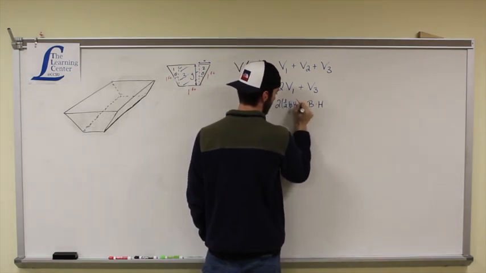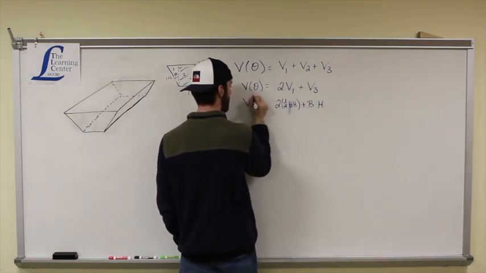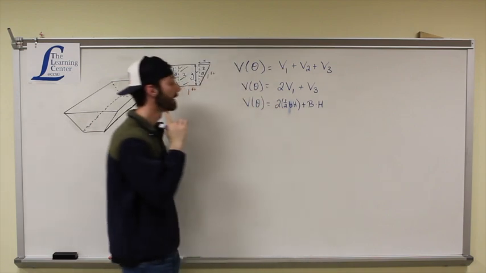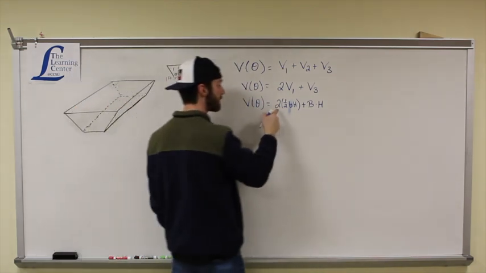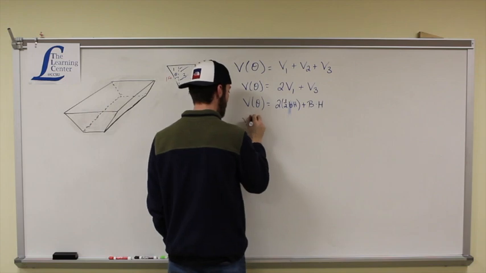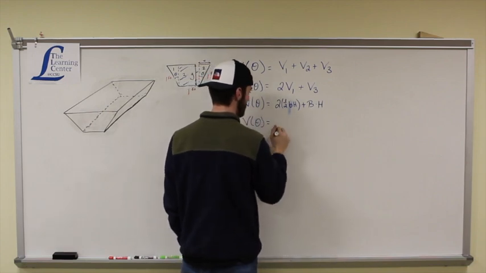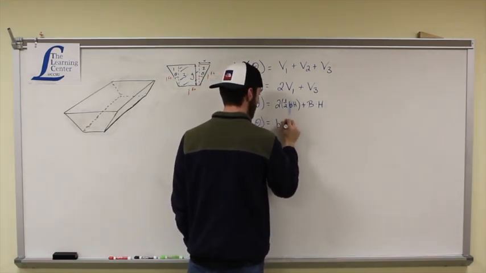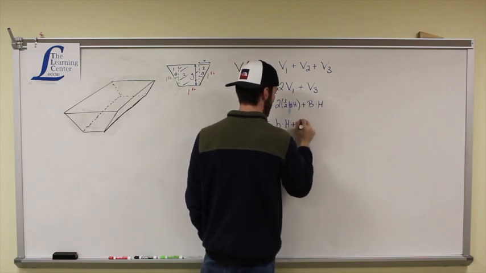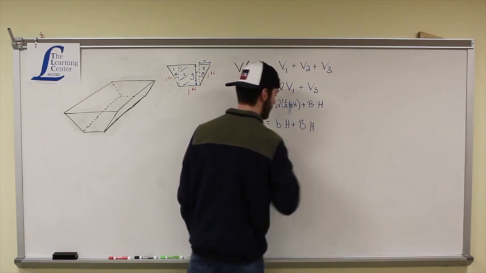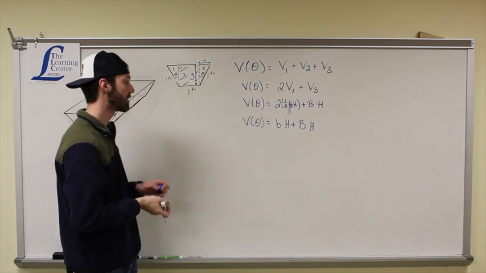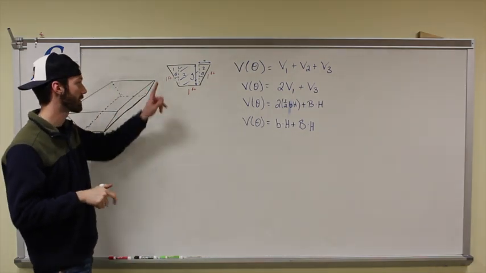So the total volume as a function of theta is equal to this. Simplifying, the 2's cancel, and we get V(theta) equals little b times the height plus big B times the height. Now we just have to find what b, B and h are in terms of theta.